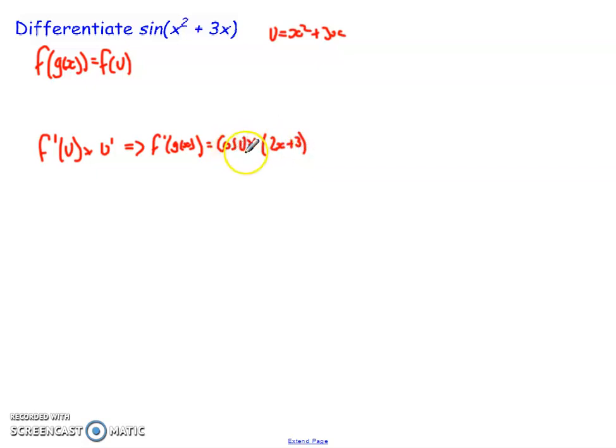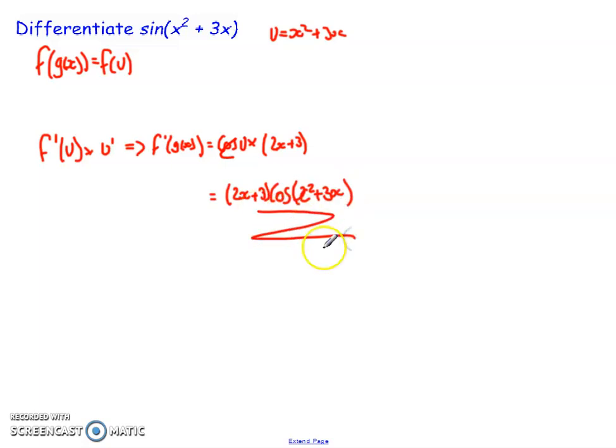Now, at this point, we've got a u in there. Let's substitute in, get rid of that, and put the whole thing back in terms of x. So to do that, I'd keep my 2x plus 3 on the outside, and I'd then multiply it by this part of the derivative here, but I'd substitute in for u, so it would be 2x plus 3 times cos of x squared plus 3x.